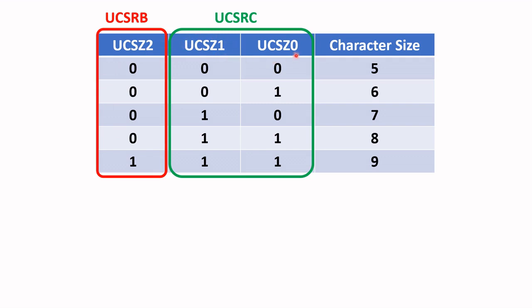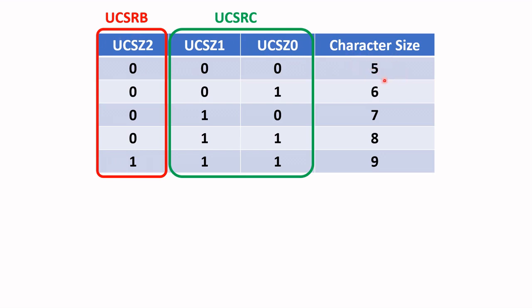These two bits here, UCSZ0 and UCSZ1, are from the UCSRC register. And this bit here, UCSZ2, is from the UCSRB register. So the combination of these three bits will give you the character size.